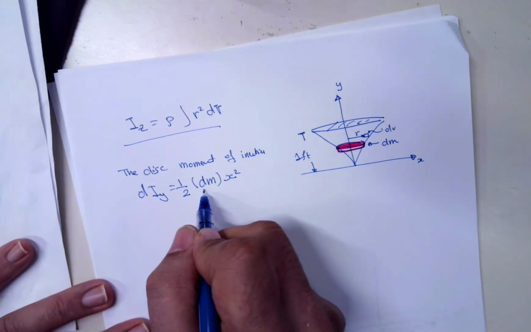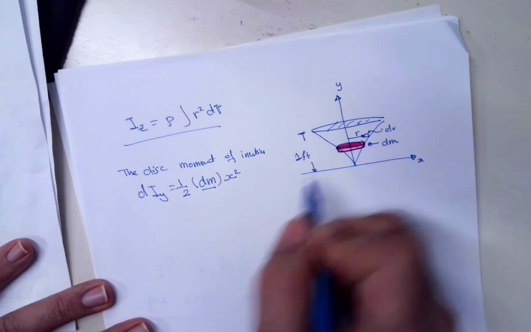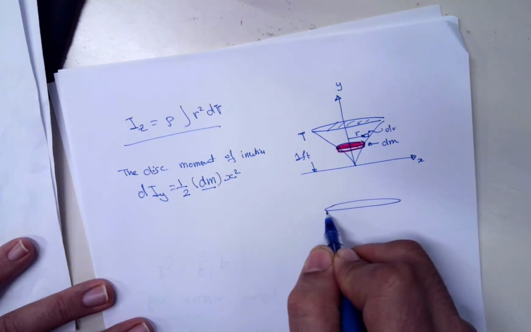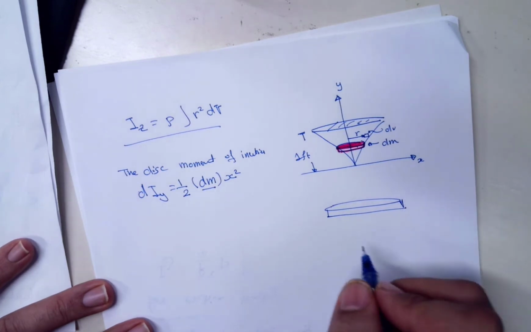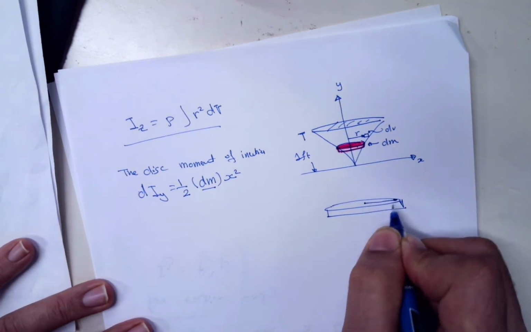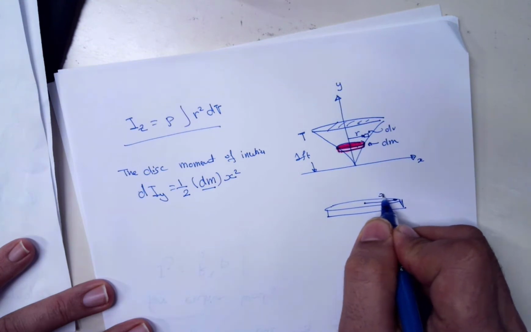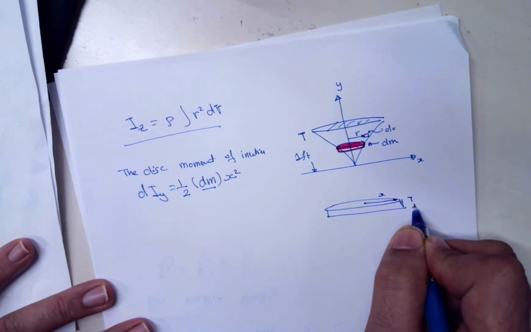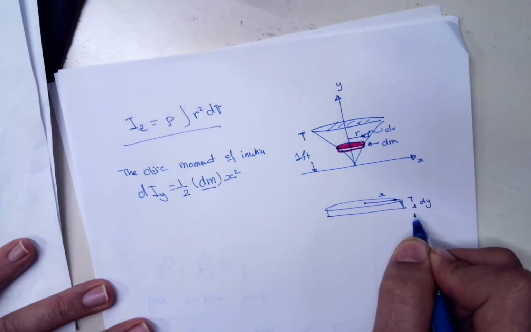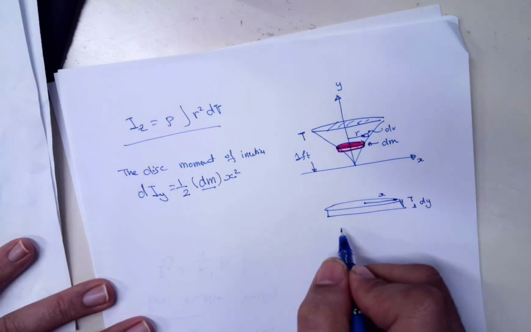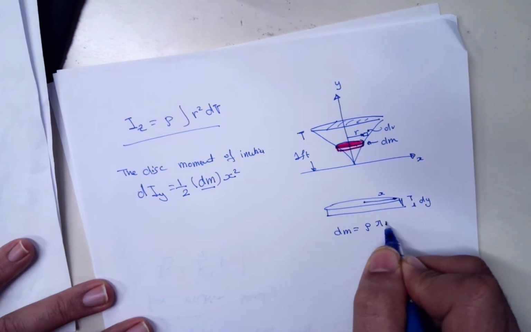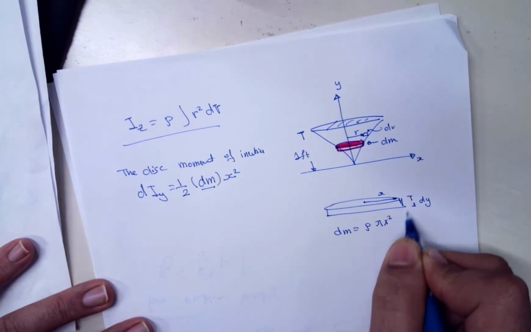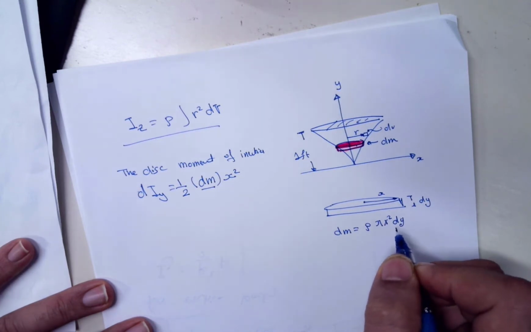Now what is dm? It is the mass of that, right? So this has a radius of x, it has a height of dy, and so dm equals the density times the volume, which is area, pi x squared, times the height, right?